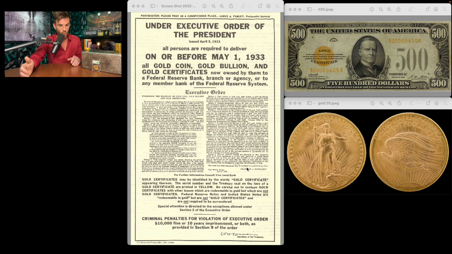Then in 1944, after they 3x'd the amount of gold that they held by taking all the citizens' gold, they entered Bretton Woods. That is when they made it so that the entire world had to operate on the dollar. Then in 1971, Nixon got pressured because everybody was taking their gold and they didn't trust us anymore, and then basically said, no more. Now the money's not backed by anything anymore.